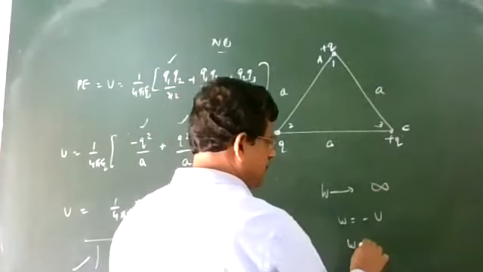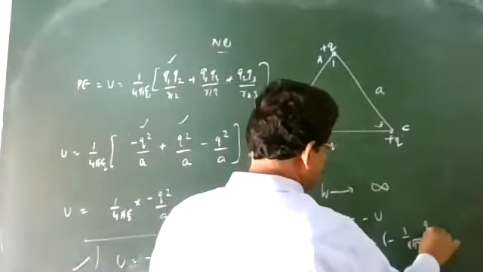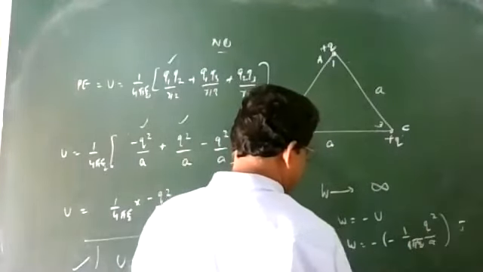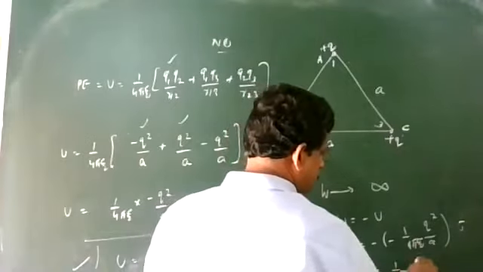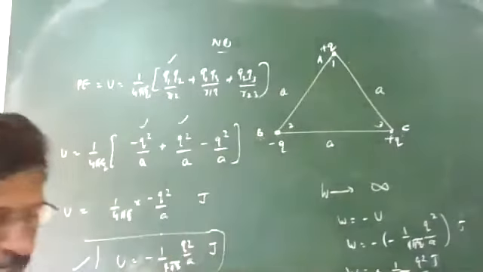So that will be equal to minus of minus 1 by 4 pi epsilon 0 Q square by A. So you get plus 1 by 4 pi epsilon 0 Q square by A. The sign changes.